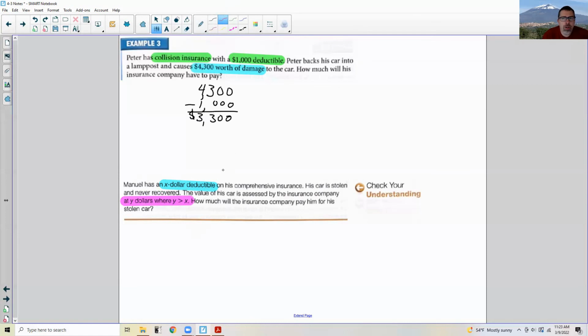Because there does come a point where the value of an old vehicle drops below the deductible, and at that point you need to get rid of the insurance, because if you total it and you don't get any money after paying the deductible, what's the sense of having insurance? So it says, how much will the insurance company pay him for his stolen car? Okay, well, he has an X dollar deductible, and if the vehicle's worth Y dollars, you subtract the deductible from it. So the answer is just simply Y minus X.